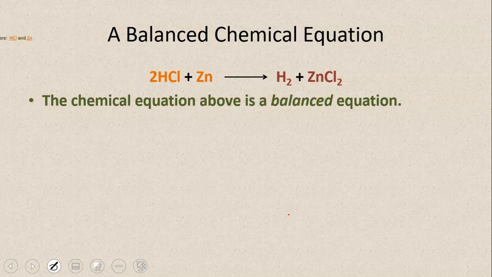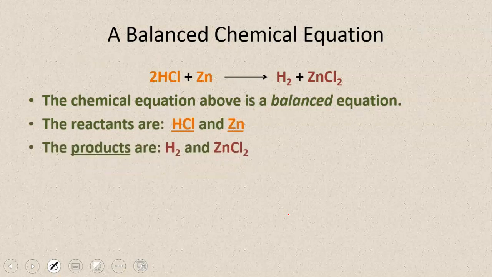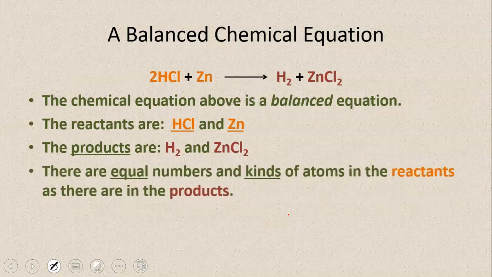Okay, we have reactants of HCl, hydrogen chloride, and then zinc. Our products are H2, hydrogen gas, and zinc chloride, ZnCl2. There are equal numbers and kinds of atoms in both the reactants as there are in the products.